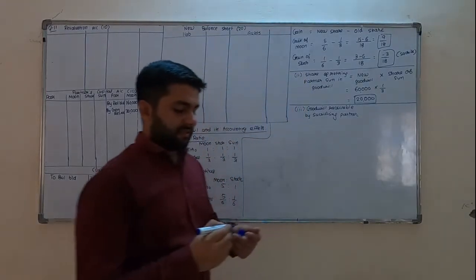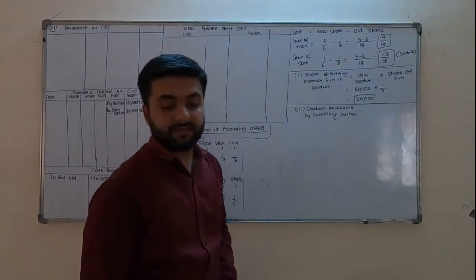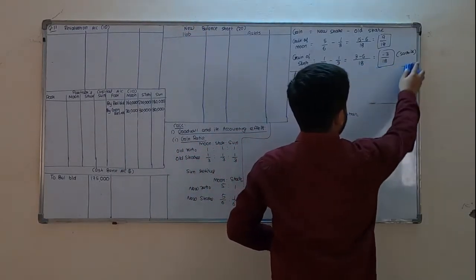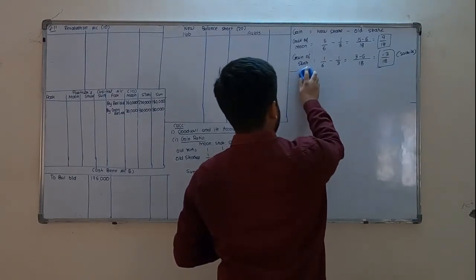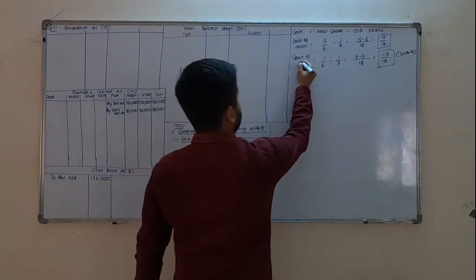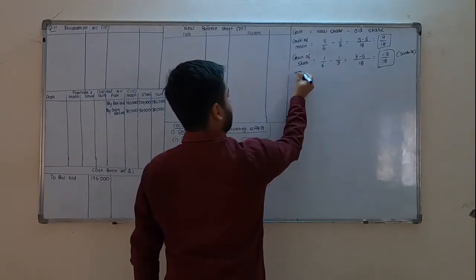Okay, one mistake is there. I have not written who is sacrificing, who is gaining. Let me do it again. I have not written the shares. One minute, it's my mistake. Here we have to write.